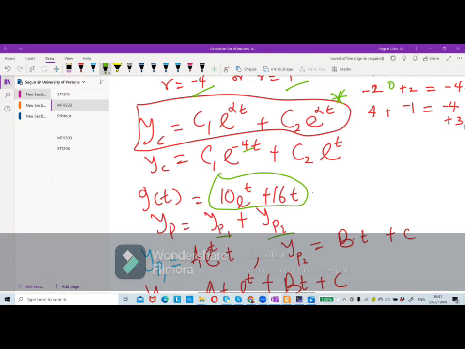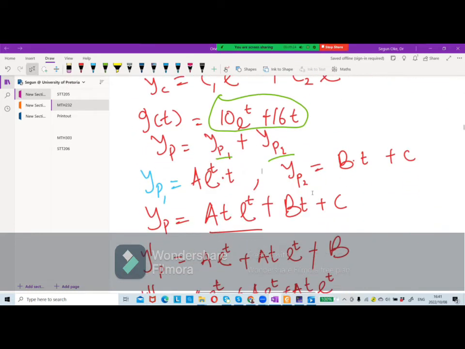So yp1 will be, for 10 exponential t, giving us a exponential t times t. And yp2 will be giving us bt plus c, because remember it's talking about the linear equation, that is like 16t plus 0.